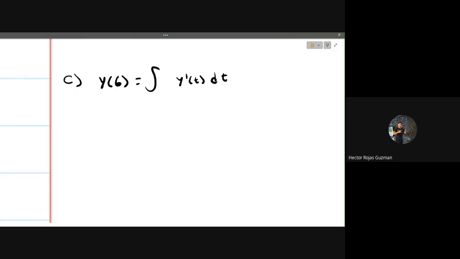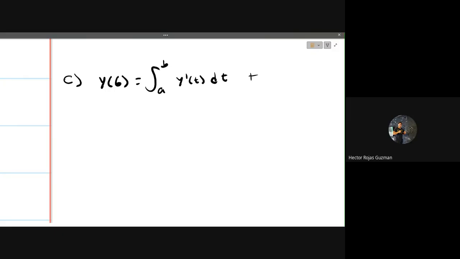Where does 6 go? Plus 6 over here? No. Isn't it the integral from a to b? I'll write that so far.